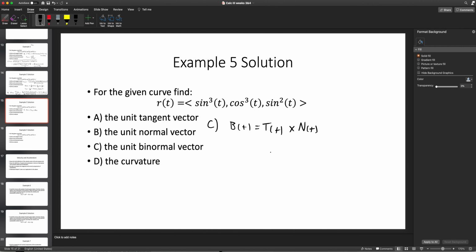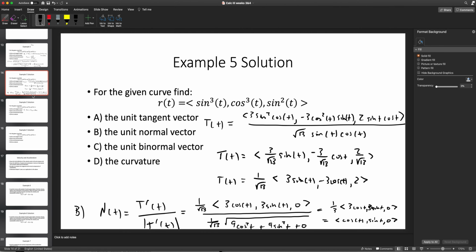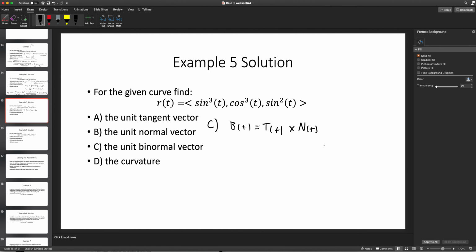So let's go back and see what we have for T sub t and N sub t. T sub t is this vector right here, and I'm taking the cross product, so I'm just going to set up the cross product right away.